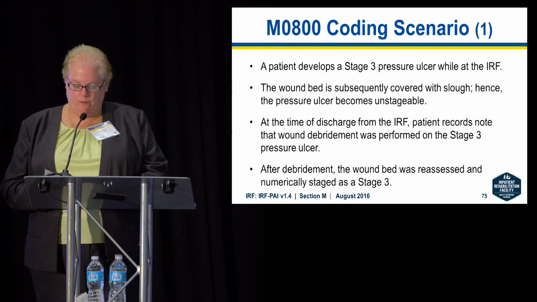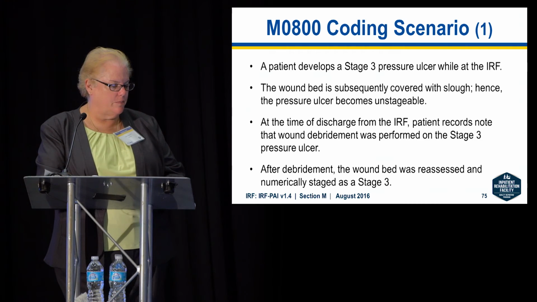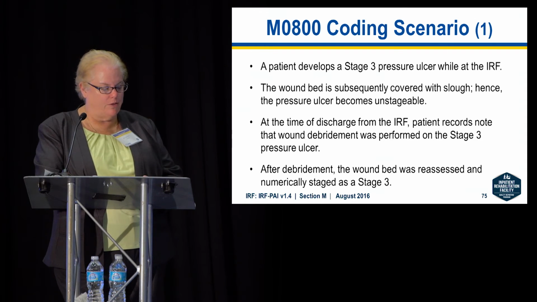Okay. So here is basically something we've already talked about. A stage 3 pressure ulcer develops while the patient is at the IRF, then it's subsequently covered with slough and becomes unstageable. By the time of discharge, the patient record notes that debridement was performed, and we still have a stage 3 pressure ulcer.